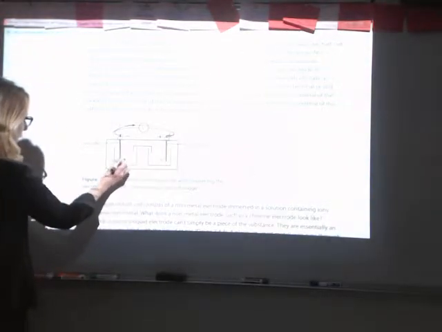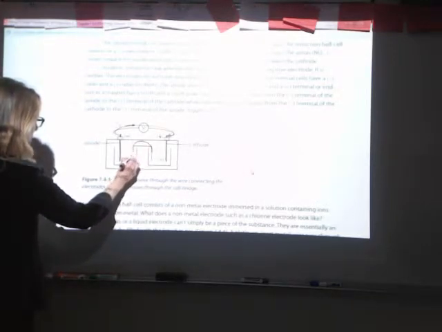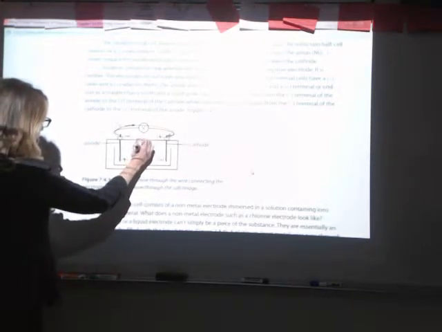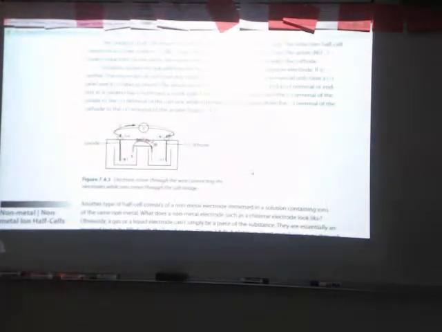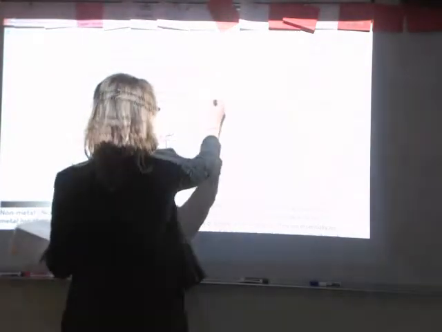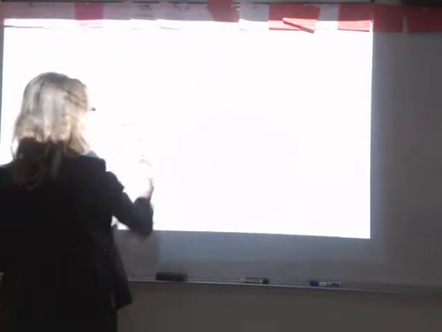And then down here, I have my negative cathode, this is the negative end of the cathode, and this is the positive end of the anode. You could predict that your ions are going to move through that salt bridge a certain way. The electrons flow externally from the negative to the positive terminal of the cathode.